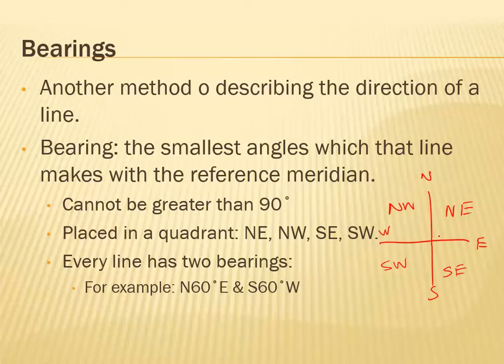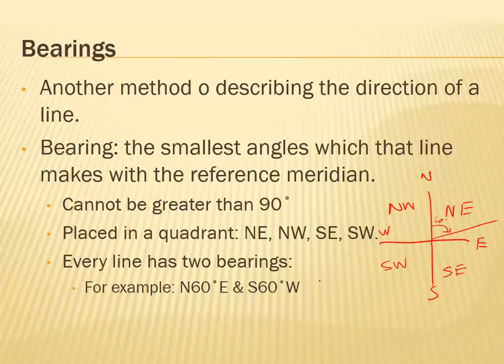And if I have an angle here, it's in the northeast quadrant, and there's a very specific way to write it. Let's say this is exactly the line that I just drew. The way you write it is north 60 degrees east. What this is saying is this is 60 degrees from north toward the east.